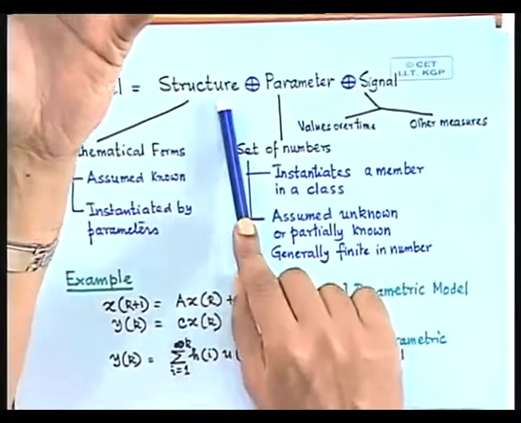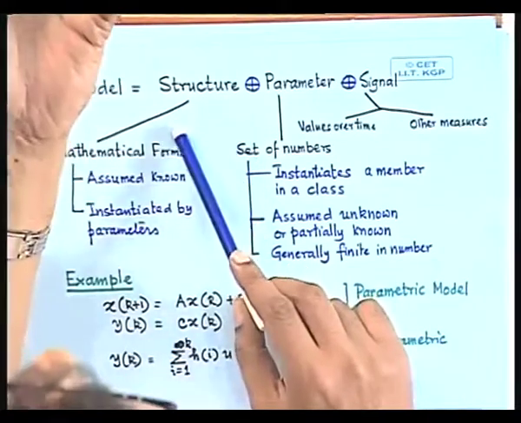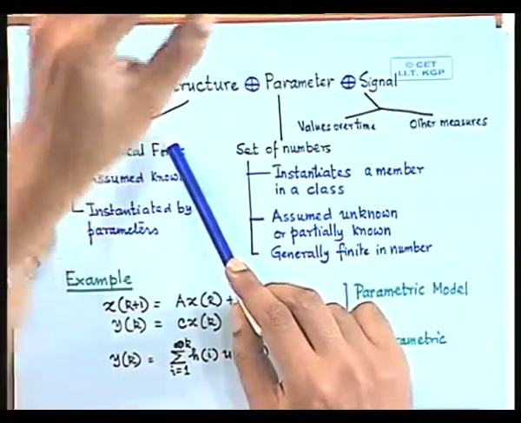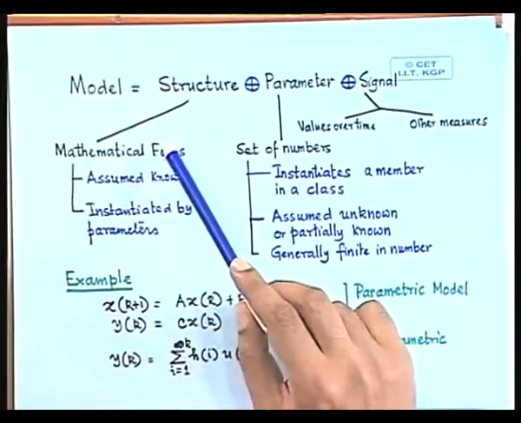So how is that bag characterized? In terms of the parameter values. This is a matrix. What are the exact element values in that matrix? They are called parameters. So a model set characterized by the mathematical form or the structure is instantiated by the parameters. If you put in the parameter values, you get a particular model of that structure.